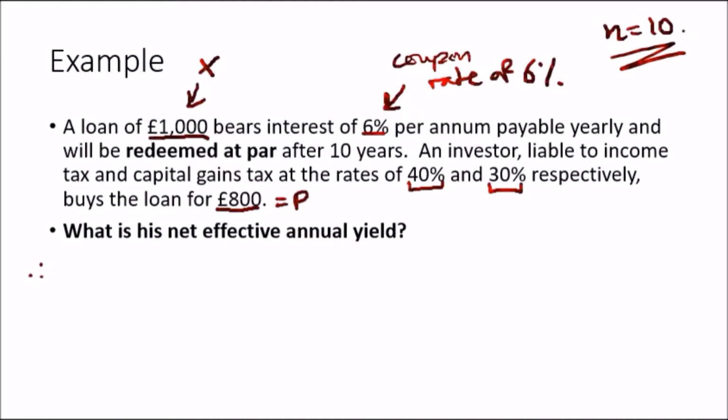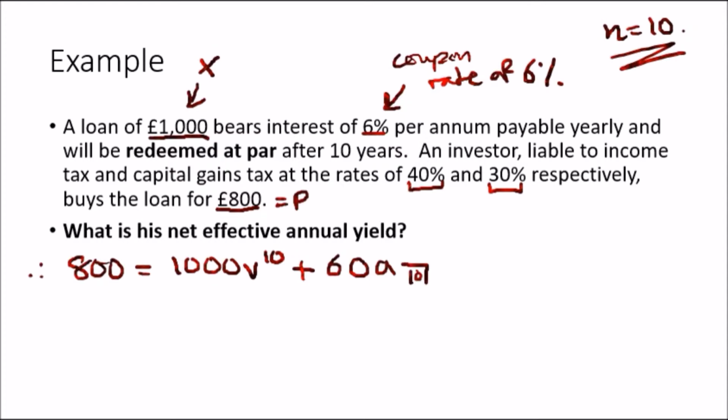The equation of value in general would be P equals, so 800 equals your standard one, which would be X times the discount factor to the power 10, so 1,000 times v to the power of 10, 10 years, plus your coupon rate, which is 6% of 1,000, can easily be computed: 60. And this is payable yearly for 10 years at a rate of 6%.